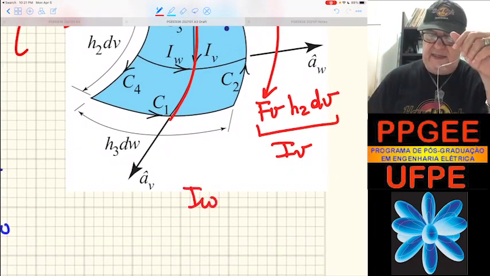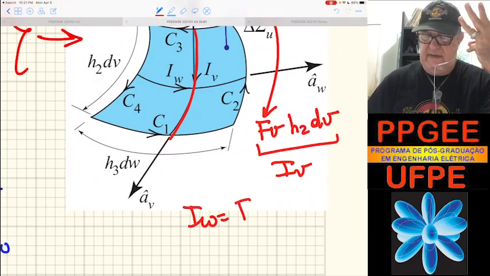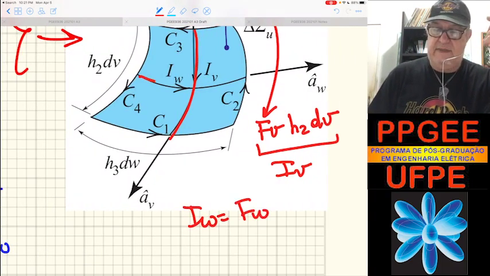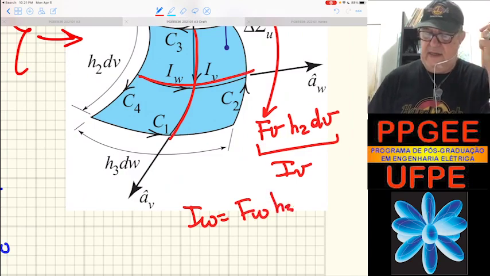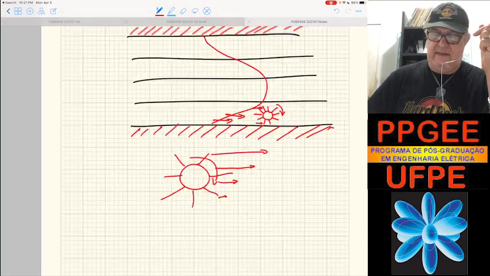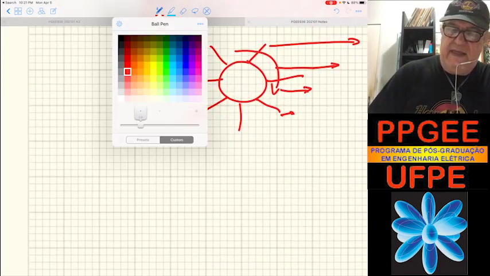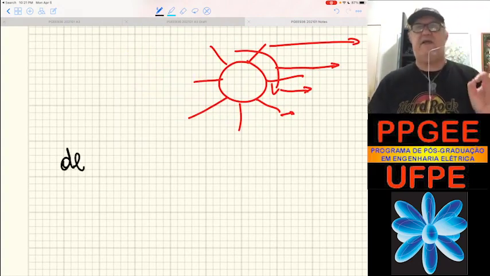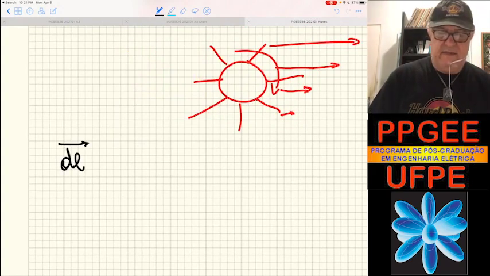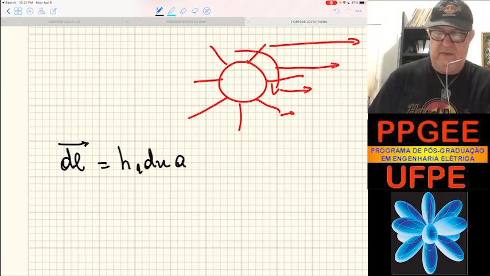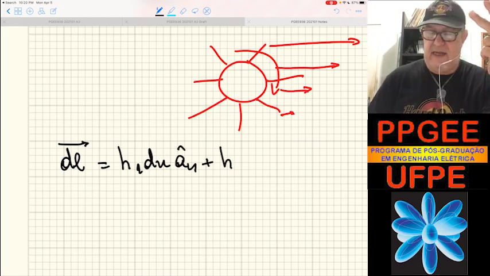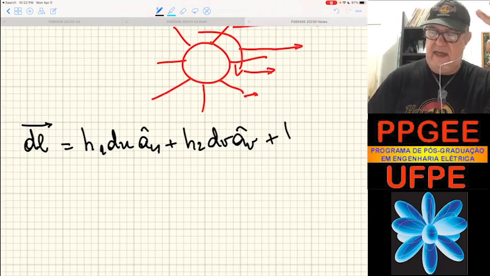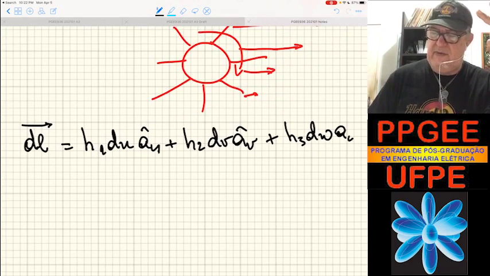IW, on the other hand, is just what? The third component of the field, FW, times H3 dW. Let me just recall to you, right? The DL, a general expression that we did before, along U direction is H1 du AU. Along the second direction is H2 dV AV. Along the third direction, H3 dW AW.